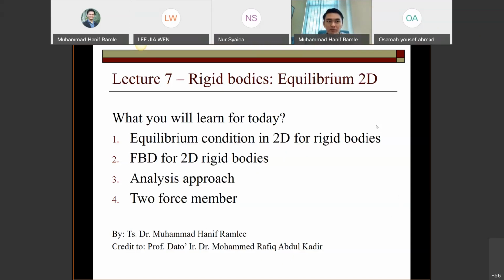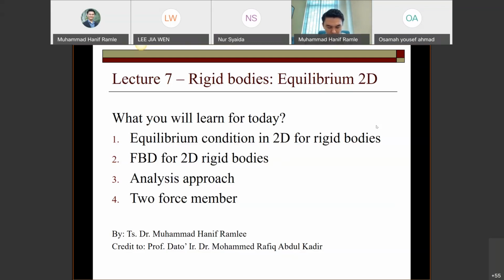This is also regarding rigid bodies. We have rigid bodies, and you have to analyze the forces, the moment, and so on. So for today, what will you learn?